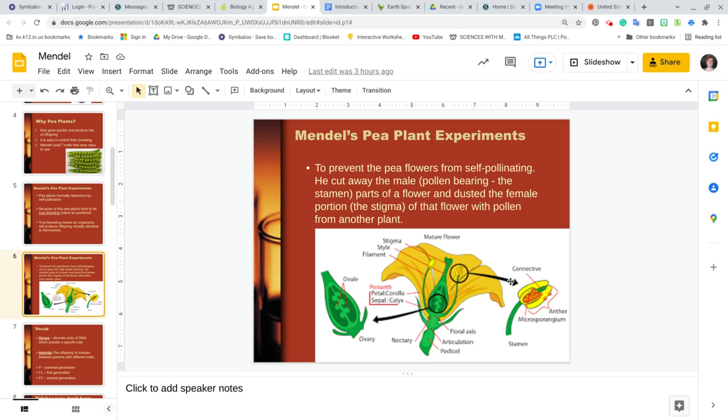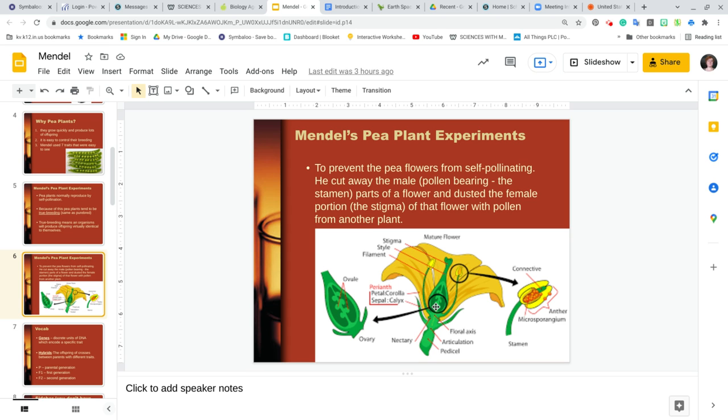Okay. So this is a perfect flower. This is a pea plant. These pieces here would be the male part. It has the pollen on the ends. He would snip those off before the pollen became mature. Normally the pollen would go into the top end of the stigma, and it would work its way down and find the ovules, the ovum, the eggs, for those of us who like to keep it simple.